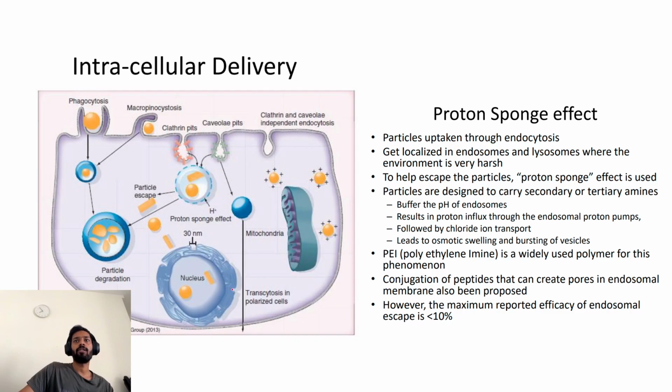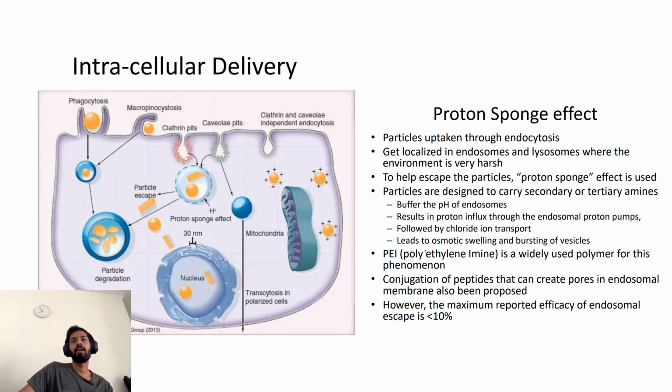The reason it's called the proton sponge effect is because there is a sudden influx of H+ ions as well as chloride ions, Cl- ions, and along with the chloride ions, water also enters the vesicle. That's why you see this osmotic swelling and eventual bursting of the vesicles.